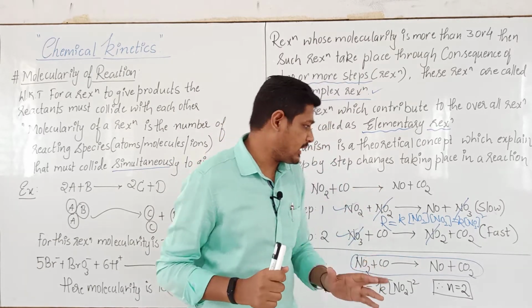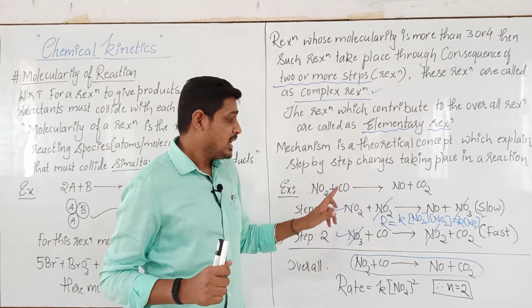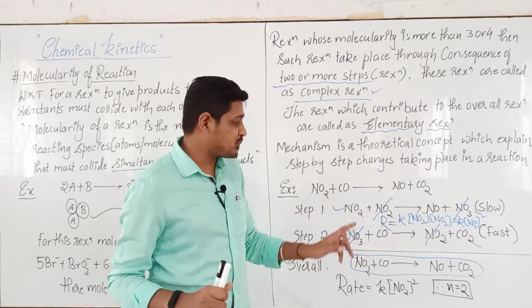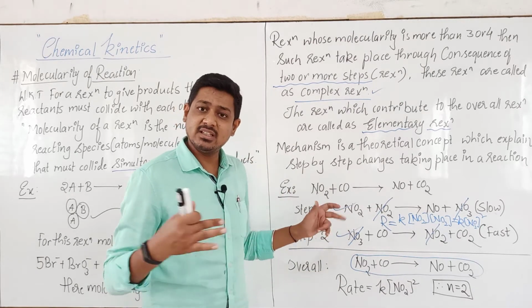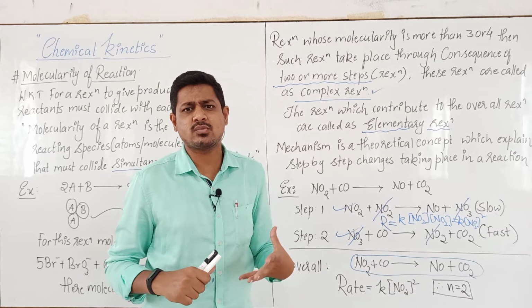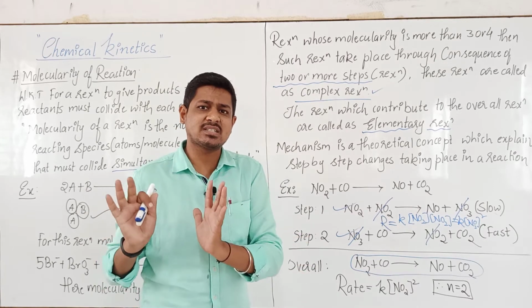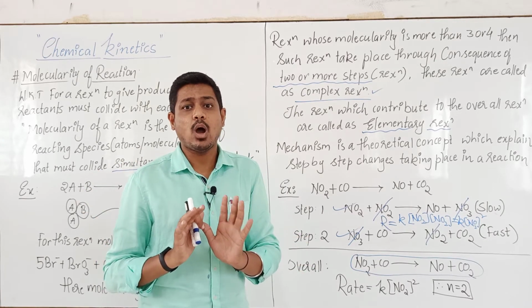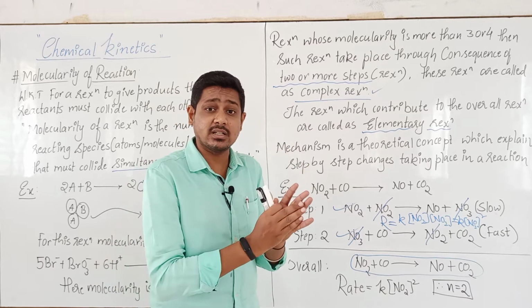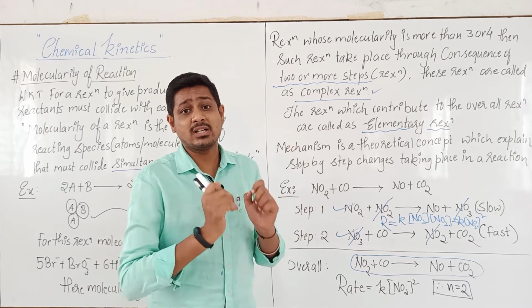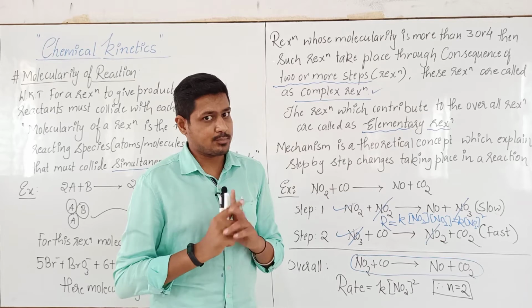In the same way, in a chemical reaction, the majority of the changes are happening in the slowest step only. In the fastest step, only minor changes will happen. Therefore, we will not consider the minor changes that are occurring in the reaction. We will consider the elementary reaction where the majority of the changes are taking place.